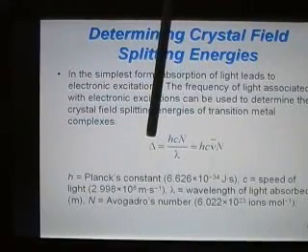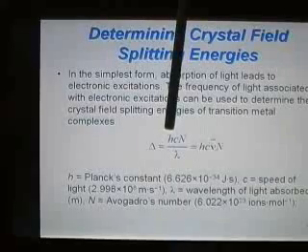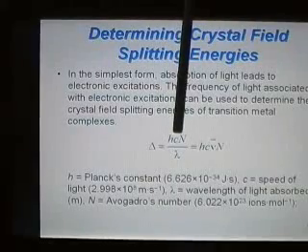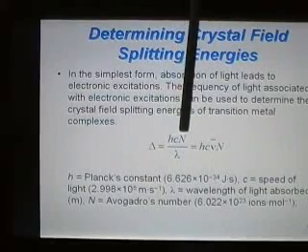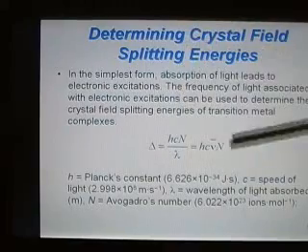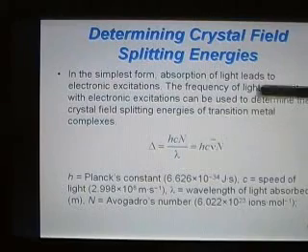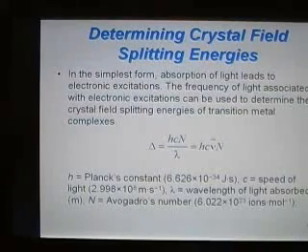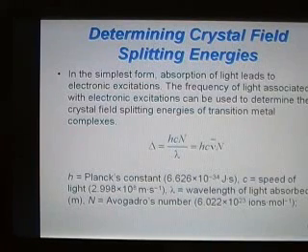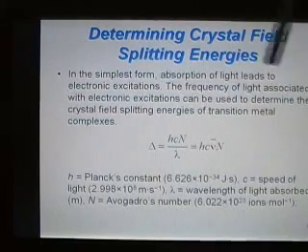Delta, remember, that's the crystal field splitting energy, is equal to Planck's constant times the speed of light times Avogadro's number divided by the wavelength that the light has. Now, make sure that you note that the wavelength, which may be given to you in nanometers, should be in meters in this case.